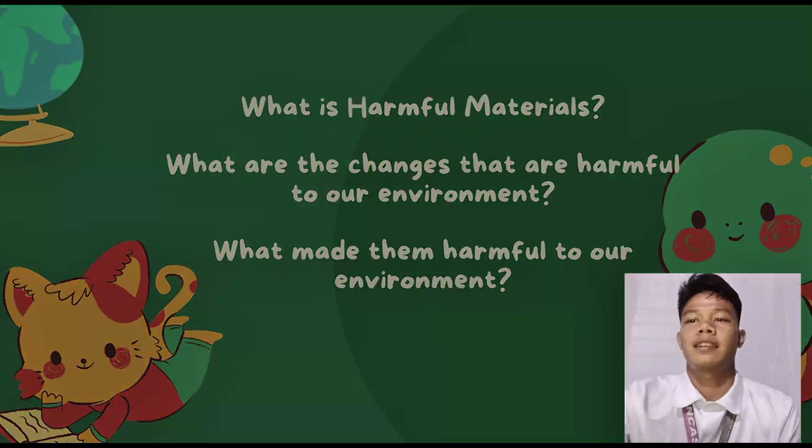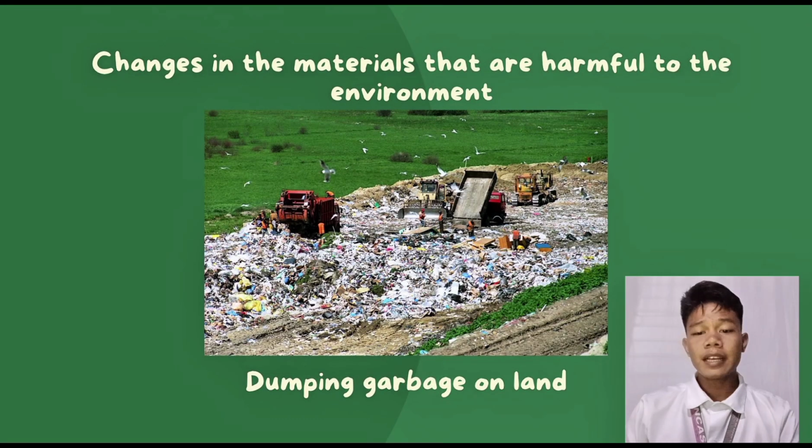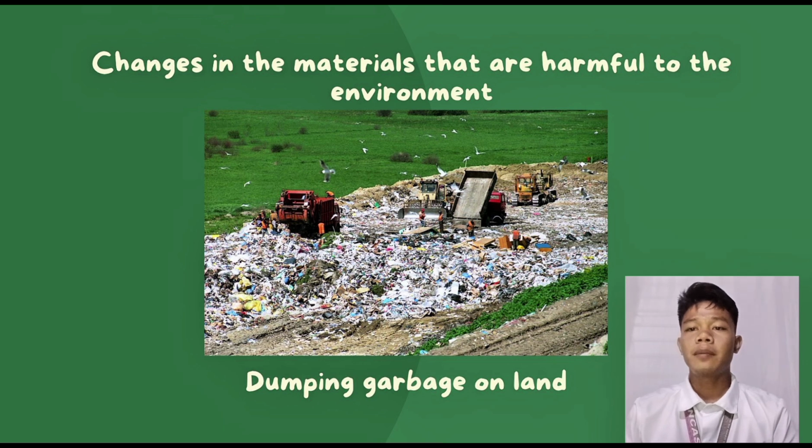Let's find out. The changes that are harmful to our environment include burning of plastic materials, dumping garbage on land, cutting down trees, and throwing dead animals in the river. When the land or soil is dumped with garbage of any kind, such as empty bottles, plastic, toxic waste, chemicals from factories and other establishments, that land becomes polluted.